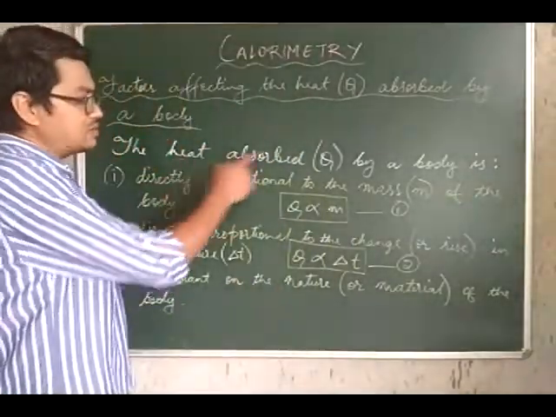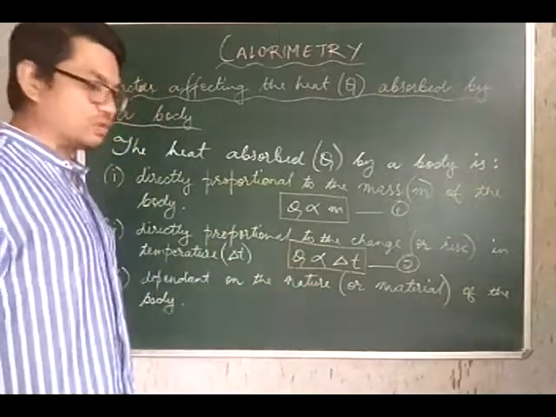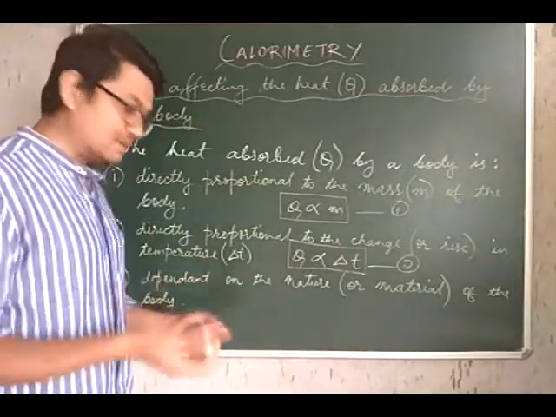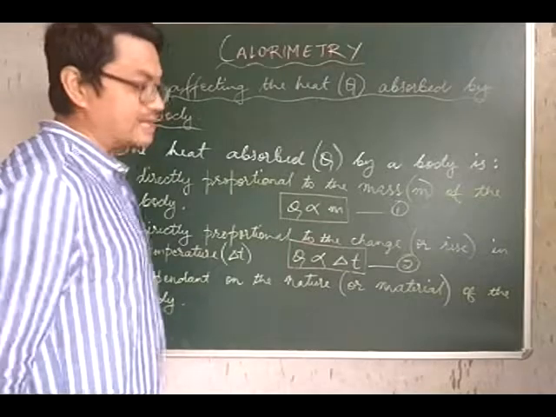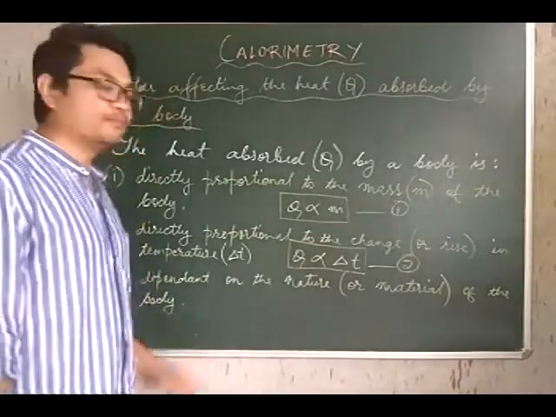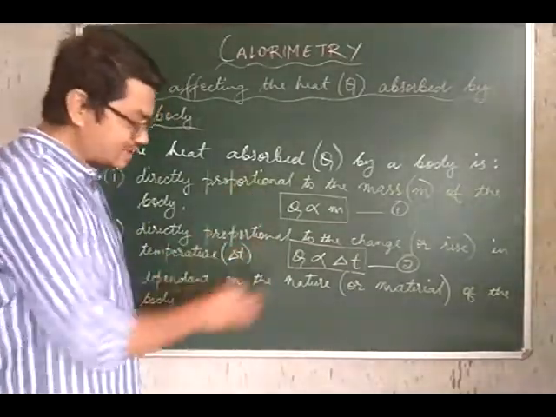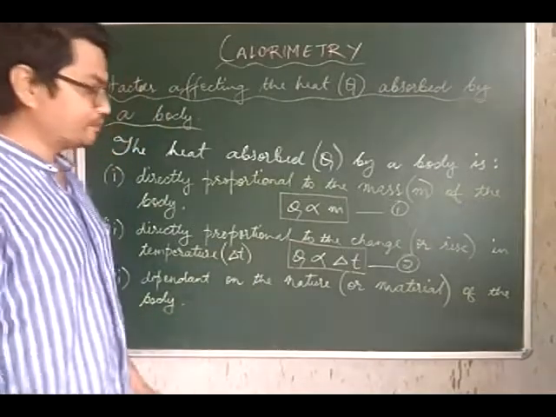Therefore, the amount of heat that is provided to a body to raise its temperature by the same amount is also dependent on the nature or material of the body. So these are three important factors, remember that.